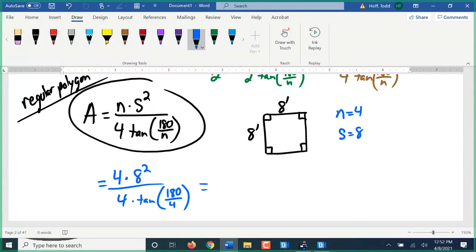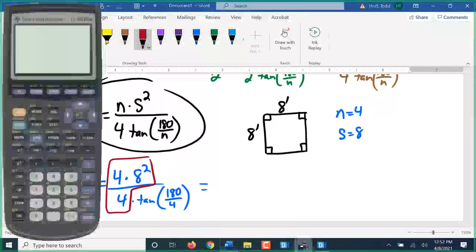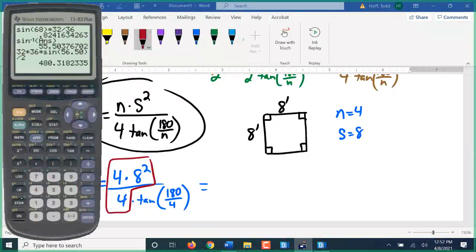Now the big key is, how do we punch this in the calculator? We're going to punch it in the calculator in two pieces. We do this part first. What we're going to type in is 4 times 8 squared divided by 4. It gives us 64. Then we're going to divide by the tangent of 180 divided by 4.